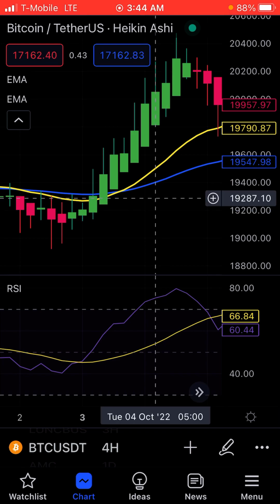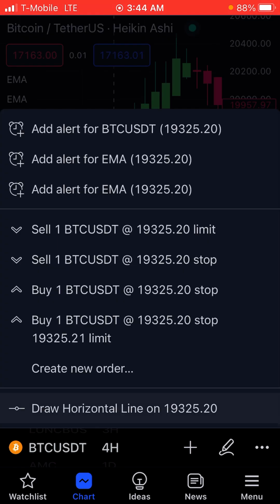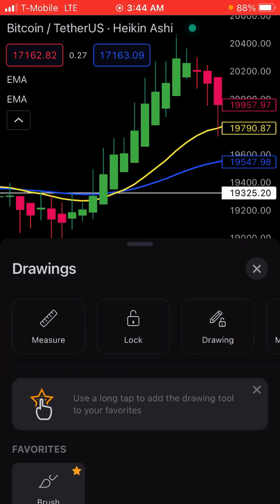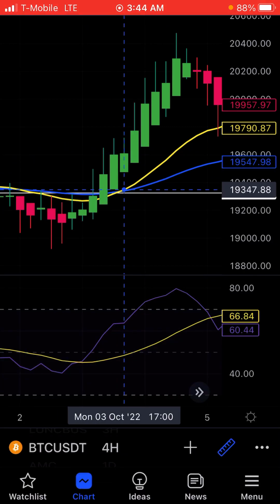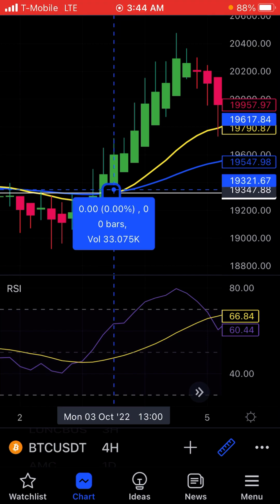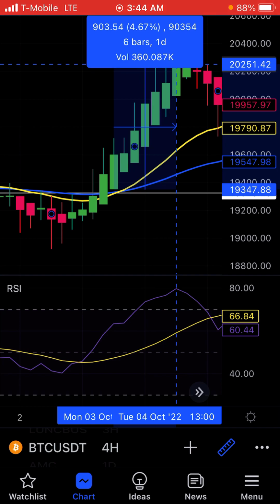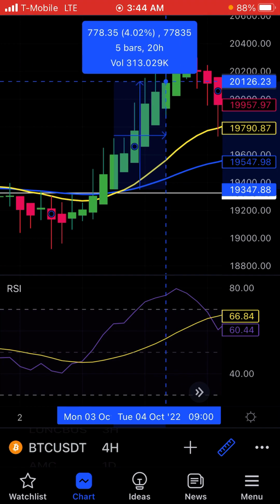You see the 20 and the 55 crossing right here, and draw your horizontal line. You'll have a good moment, and then you can get in right around here. And look at the RSI. The purple line is above the yellow line, so you already know that it's a good signal. And you just follow this out. Let's just do it right here. This is a 4% increase.